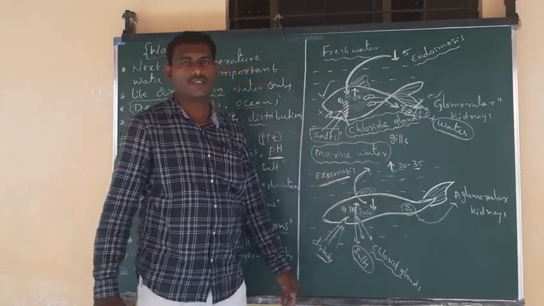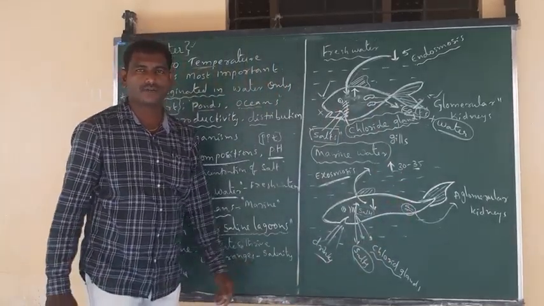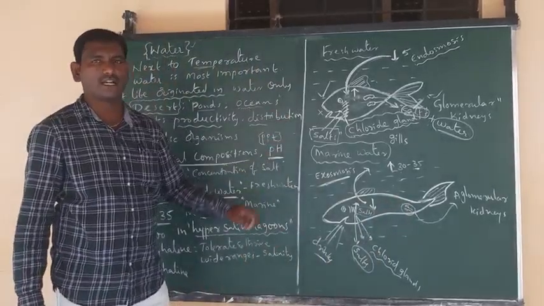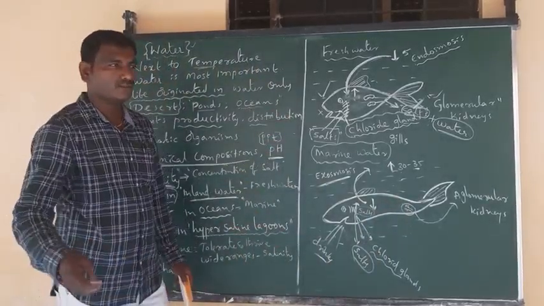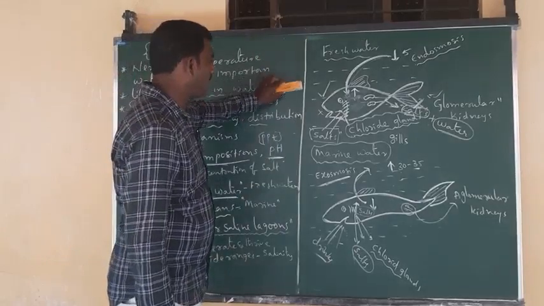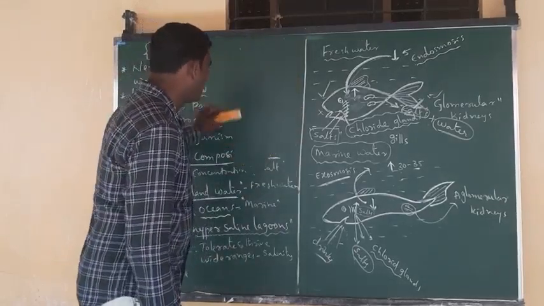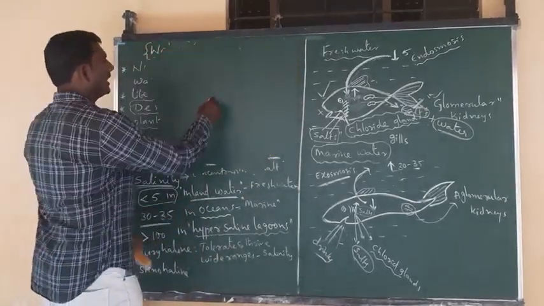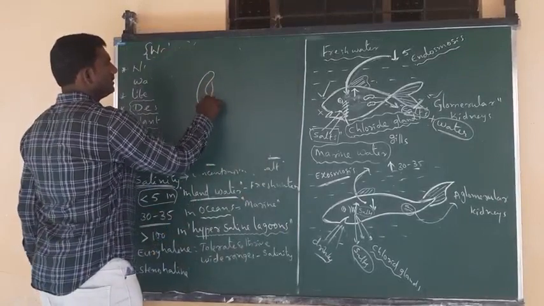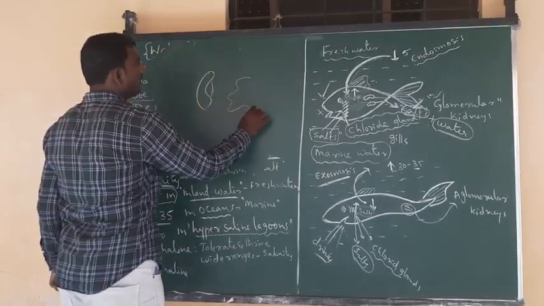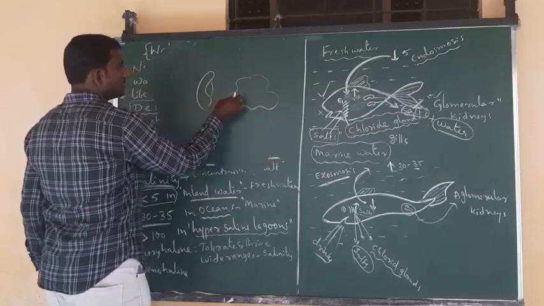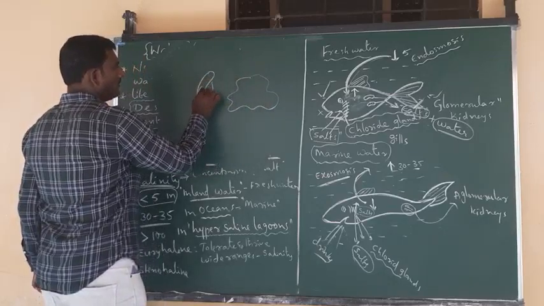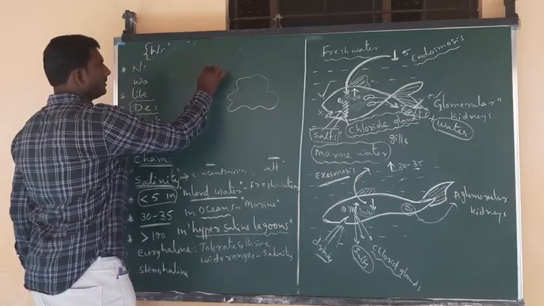Like these, problems are faced by different types of organisms which are present inside of the water. Based on this concept, different types of questions are asked. Here, amoeba or paramecium. This is paramecium and this is amoeba. Amoeba is shapeless, irregular. Paramecium is like this.